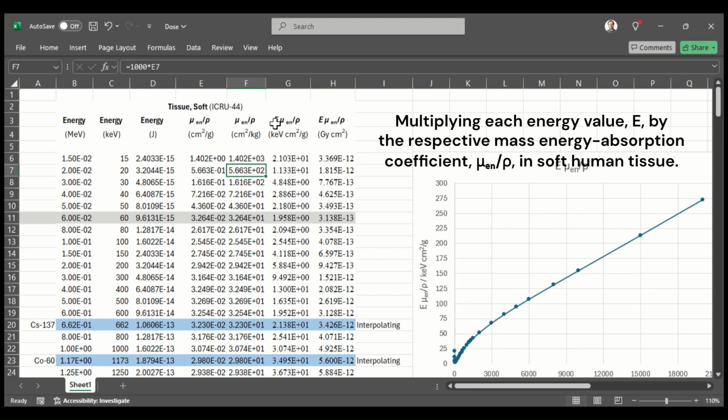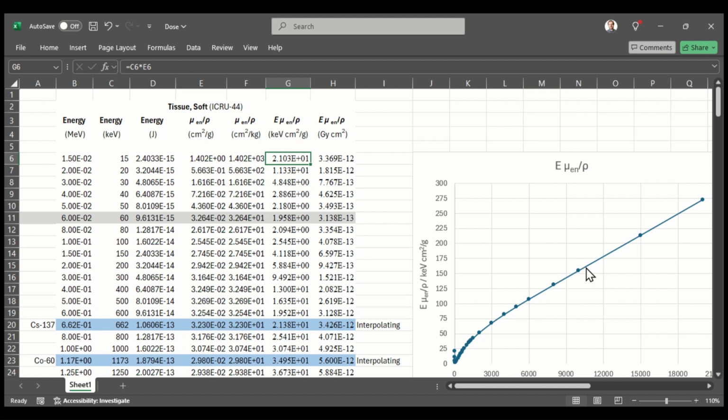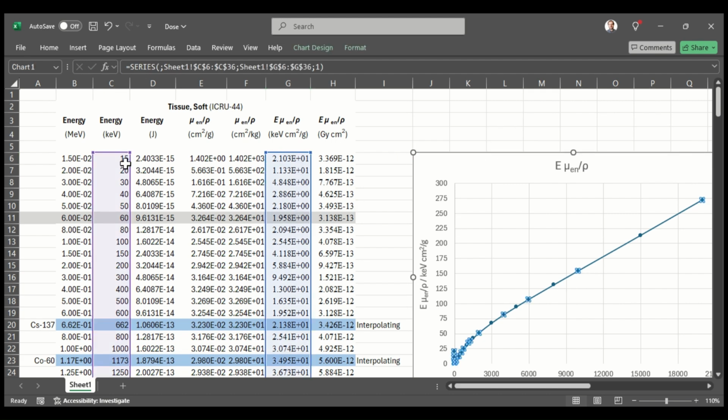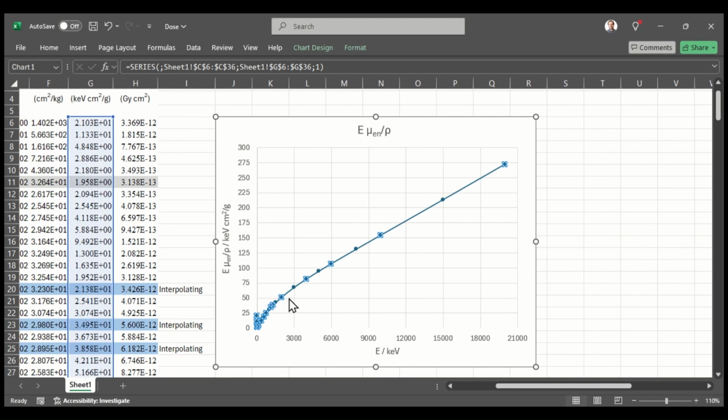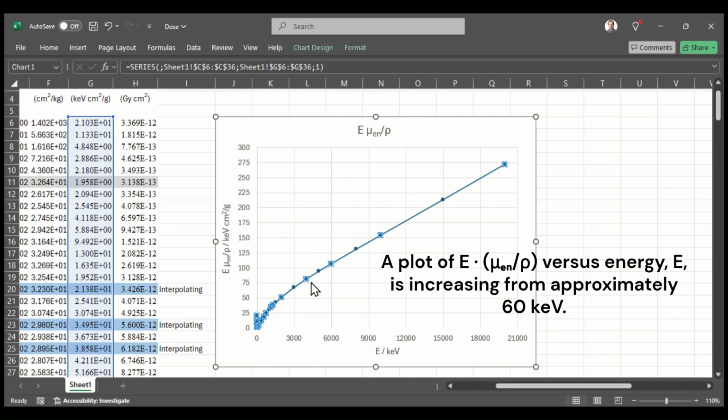Multiplying each energy value by the respective mass energy absorption coefficient in soft human tissue. The plot of the product of energy and the mass energy absorption coefficient shows an increase with increasing energy above approximately 60 kV.